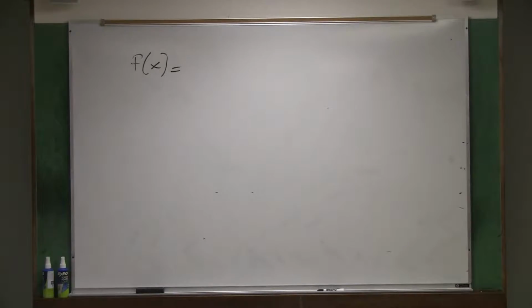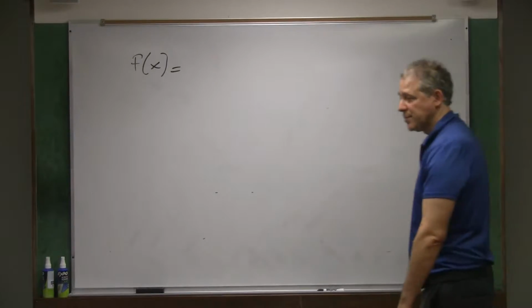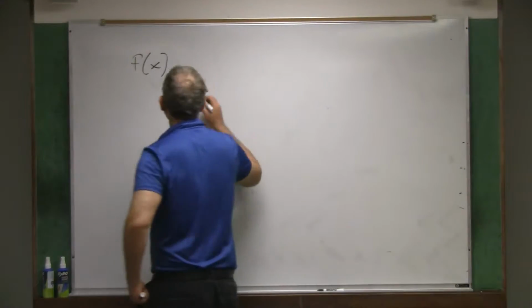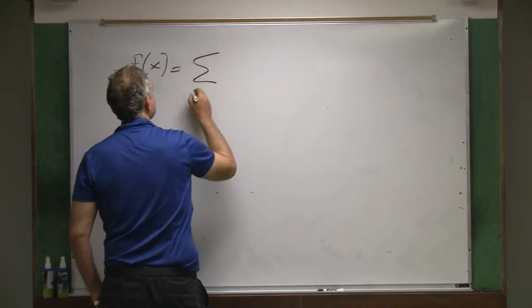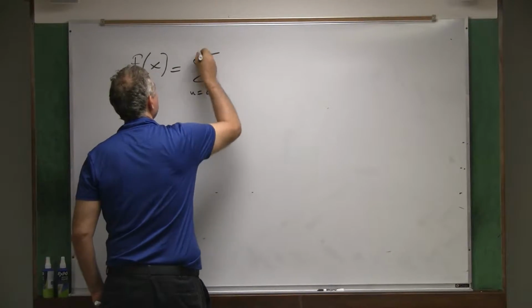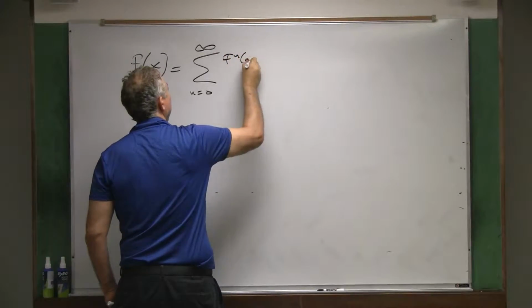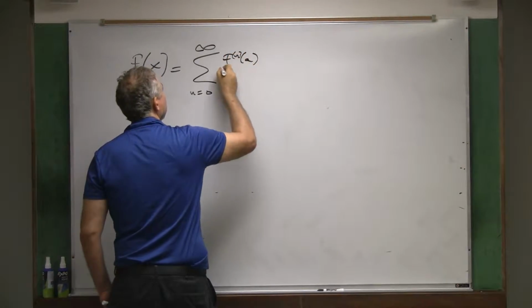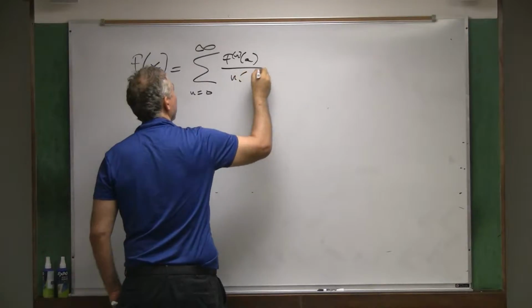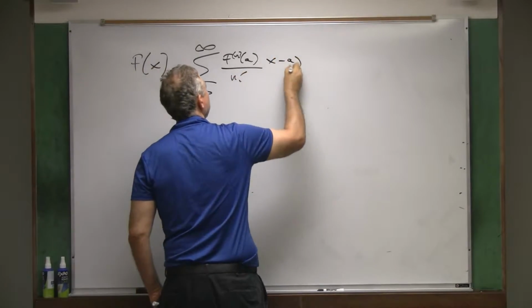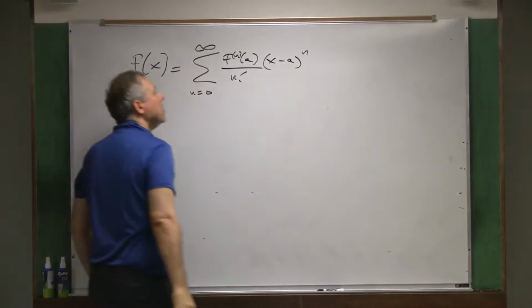We can now express them as Taylor series. So, series is going to be a sum from n equals 0 to infinity of the nth derivative of A divided by n factorial times x minus a raised to the n power.